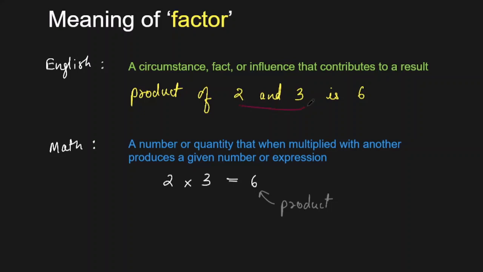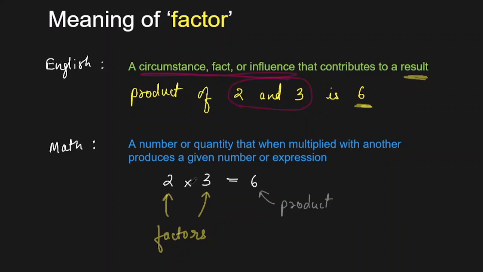And this 2 and 3 are actually the circumstances or the fact or the influence which is producing a result, and our result is 6. That means this 2 and 3 are actually the factors of 6, because 2 and 3 are producing a 6.